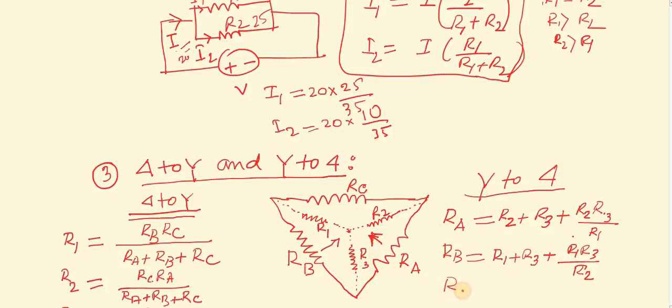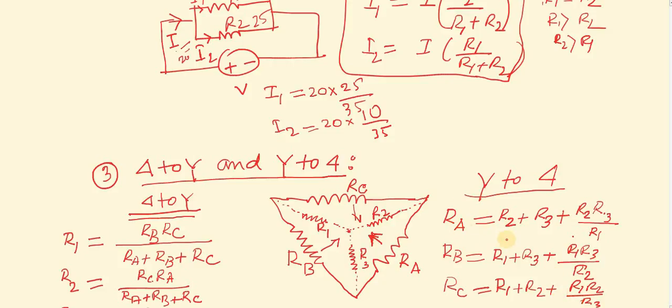And for RC, the similar case. You look from this side. These two are your adjacent sides. So write the sum of these two plus the product of these two divided by the last one, R3.